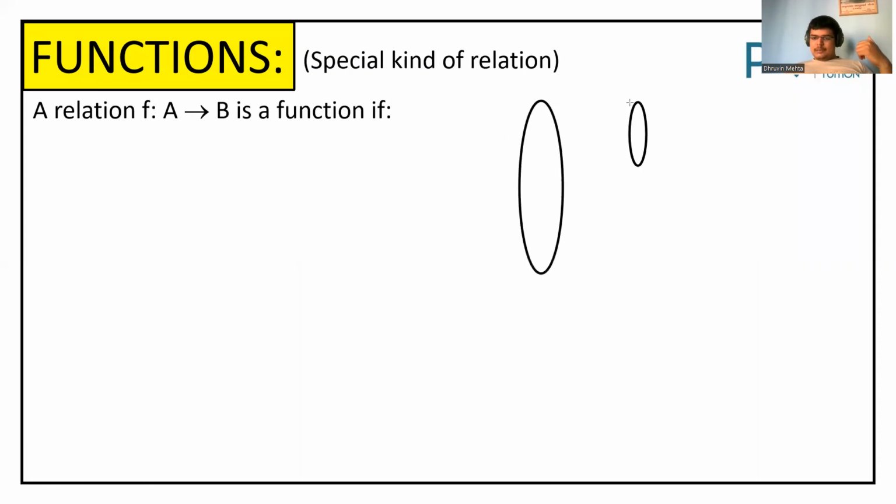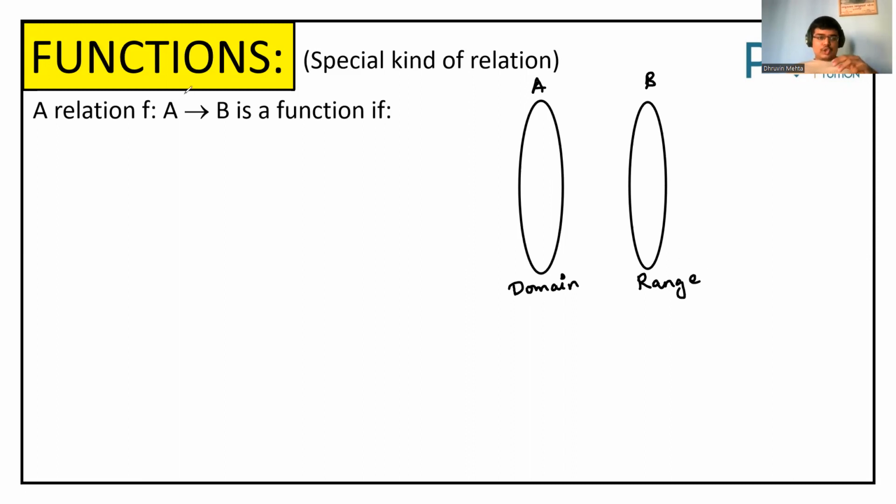So from A to B means, like we discussed during relation, if we have an arrow diagram like this, set A, set B. Do you remember I told you that the elements of set A will be basically the domain, all those elements which are mapped, and set B will be the range. So whenever in a question you see this symbol, you have to understand that this is the domain, this is the range.